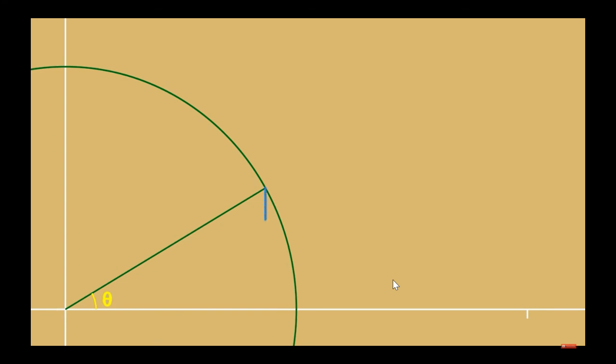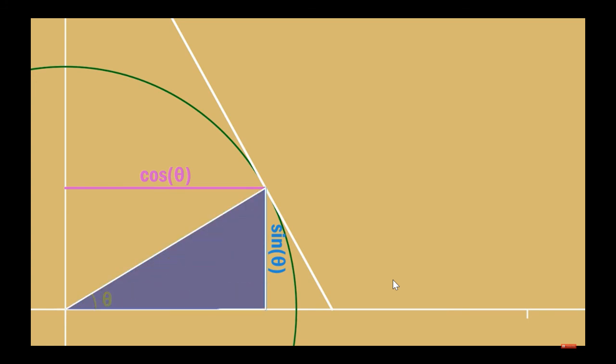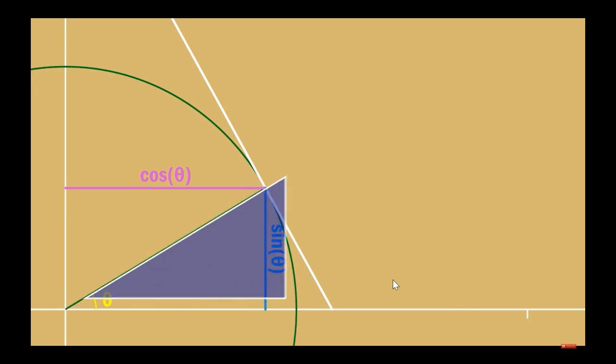And they're labeling that angle as theta. That's our y value, which is sine. That's our x value, which is cosine. Not sure why they drew a line there. That's just a tangent line. Okay, and so then that's that triangle that we were talking about.